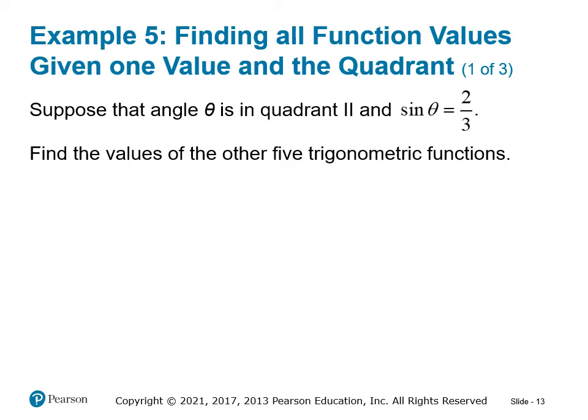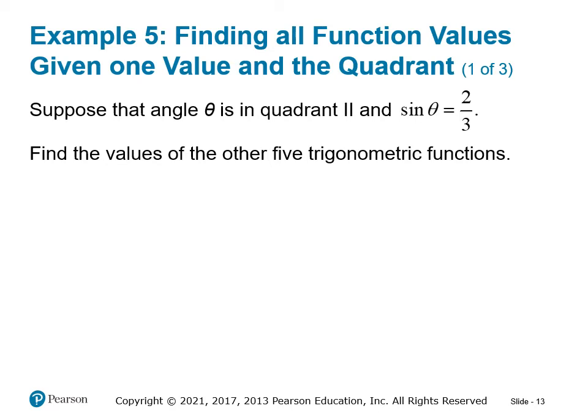Instead of, in the last section, finding all the trig functions when we were given the point that the terminal ray of the angle goes through, here we're given some information that says the angle theta is in quadrant 2, and the sine of theta equals 2 over 3.